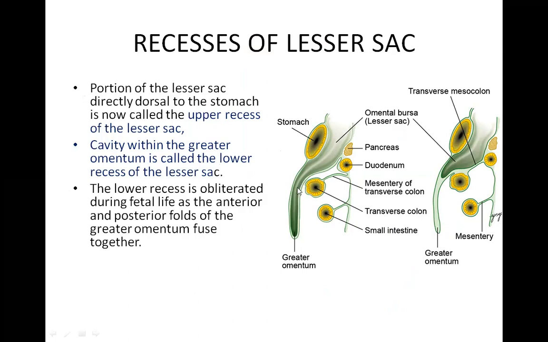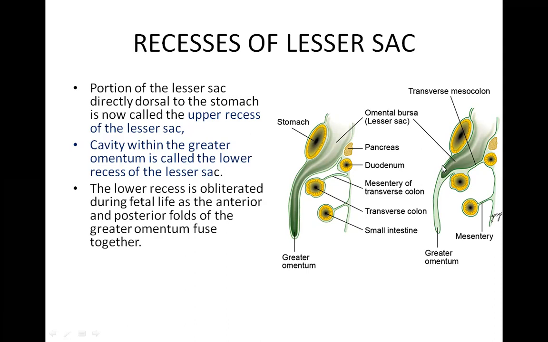Now the cavity which is within the greater omentum, this fold of dorsal mesogastrium, is known as the lower recess of the lesser sac. With the due course of time, by the process of zygosis, this lower recess is obliterated in fetal life.